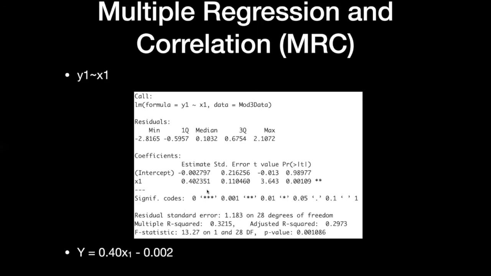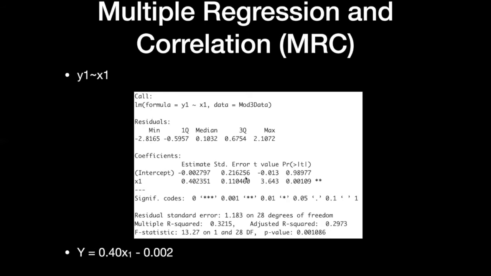The value here is 0.4, and the estimated intercept is almost zero, it's minus 0.002. It's very small. You can just take it as zero. With those two values, we can write down the equation: y equals 0.4 x1 minus almost zero.